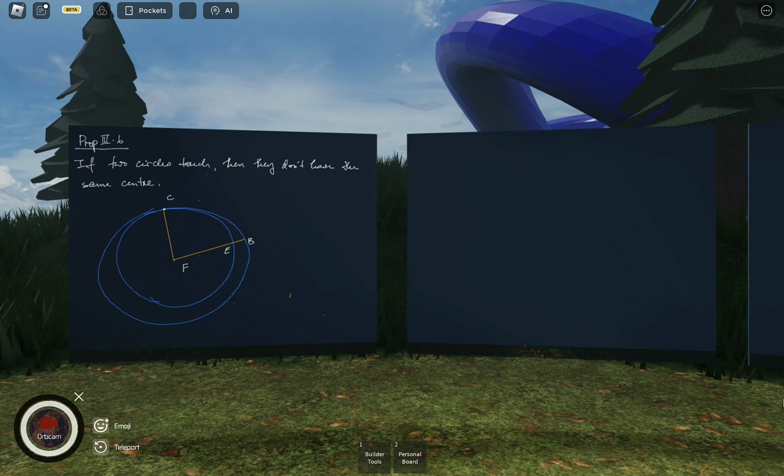I haven't said what F is yet, because we have two circles, so which center is it? So let's start the proof. Let C be the point where the circles touch, and let F be the center of one of the circles.